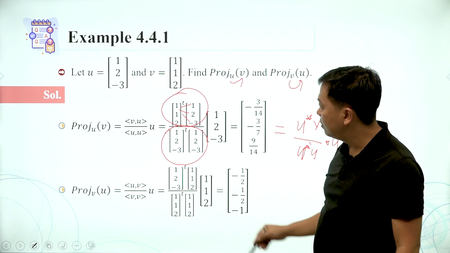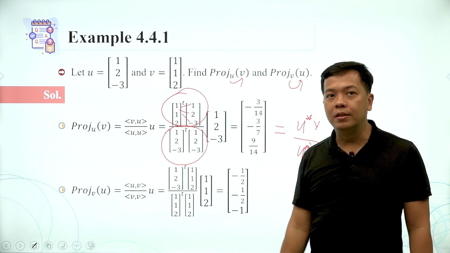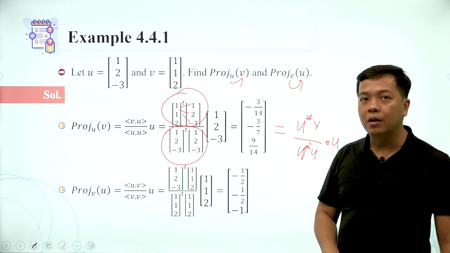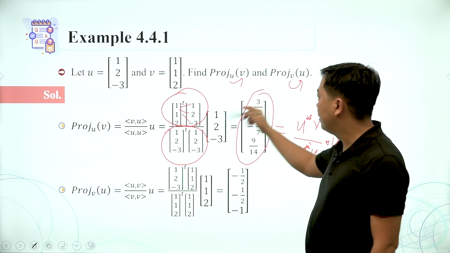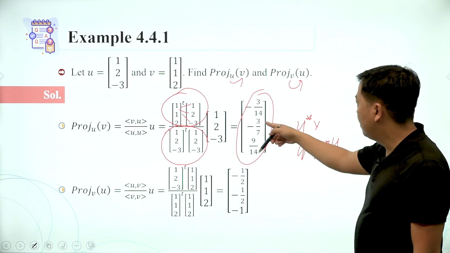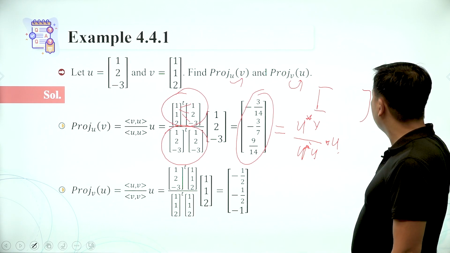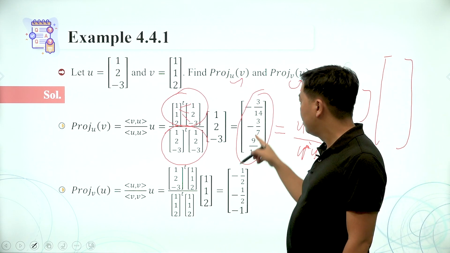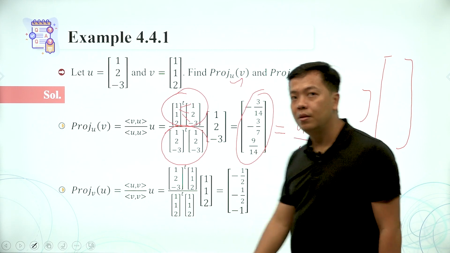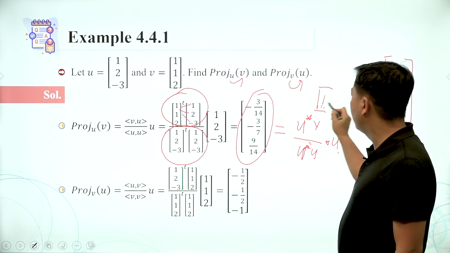Each vector here has a number, and we multiply them to get this value. This vector is 3. We multiply and get this, so I think this equals the number 3. And this one, I think, is 1.